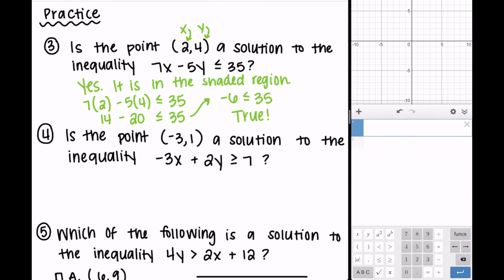Okay, number 4, is the point negative 3, 1 a solution to the inequality? Well, let's see. Negative 3x plus 2y in Desmos is greater than or equal to 7. All right, and then let's test that point, -3, 1. Okay, that is in the shaded region.